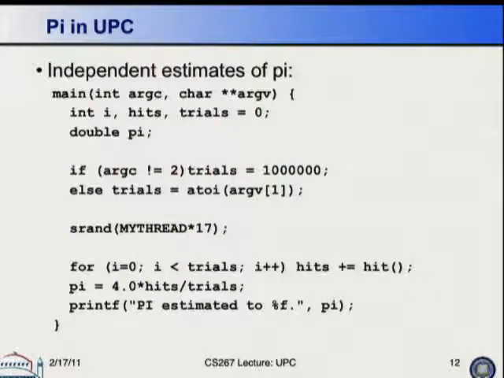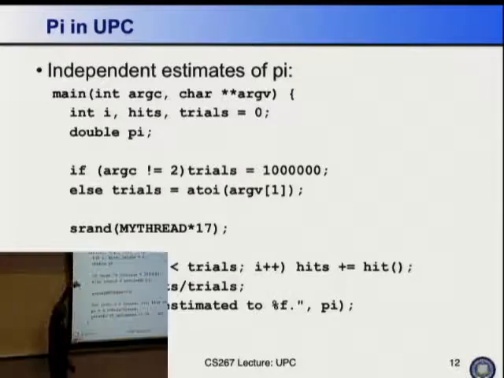So first of all, here's just a plain old C program. If you run this as a UPC program, it'll have P processors all doing the same thing together, but they're not actually coordinating at all. The only thing that's a little different is I'll use a different random number generator in here. So this is the main function. There's nothing particularly interesting, but as I said, it's already parallel at the beginning.